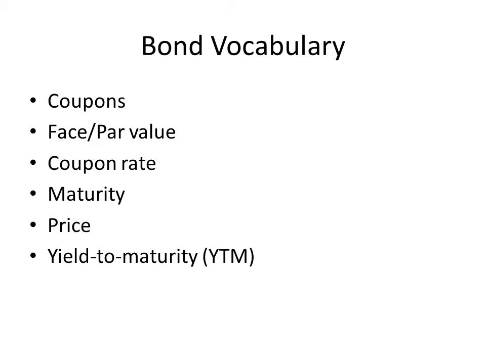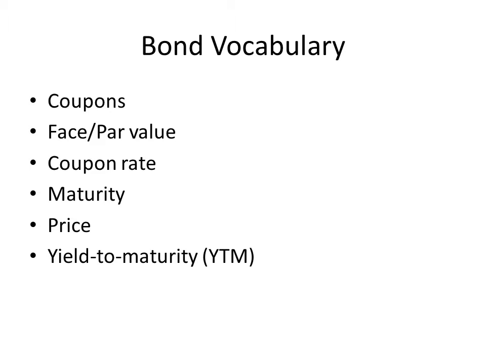In the old days, in order to collect your interest payments on bonds, you would have to cut out little squares of paper from the bottom of the bond and turn it in exchange for your interest payment. And apparently the French word for a little piece of paper cut from a bigger piece of paper is coupon. Today, coupons are actually usually electronic, and so you don't actually see that many paper coupons in practice, but we still call them coupons.